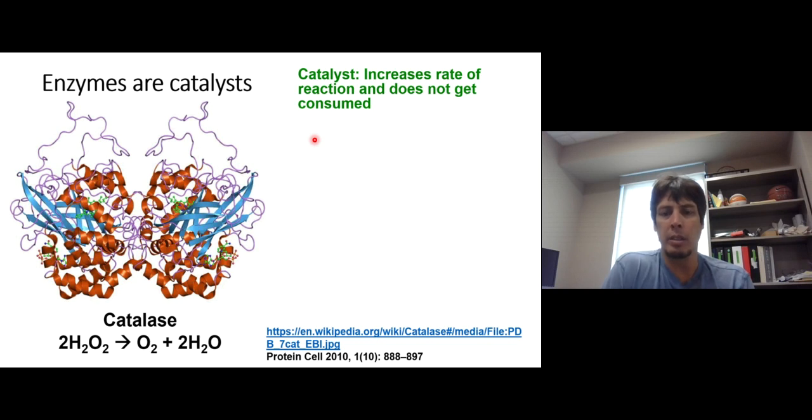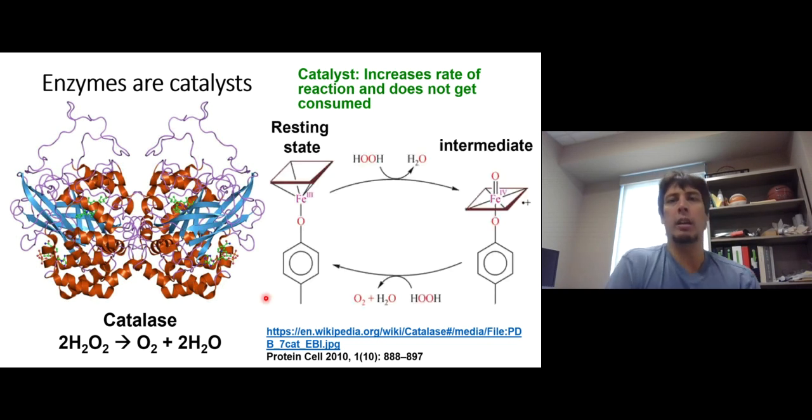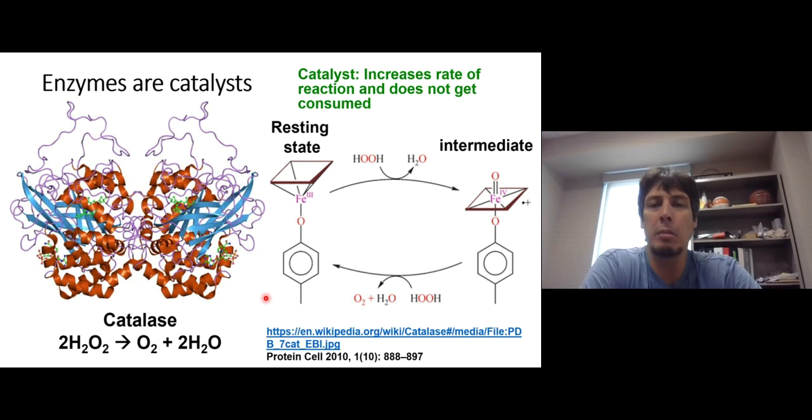It does this by going through cycles. Catalysts and enzymes, since enzymes are just protein catalysts, do this by going through cycles. We have what's called the resting state, which is an iron 3 form. This reacts with peroxide and forms what's known as an intermediate state that's important for the reaction.